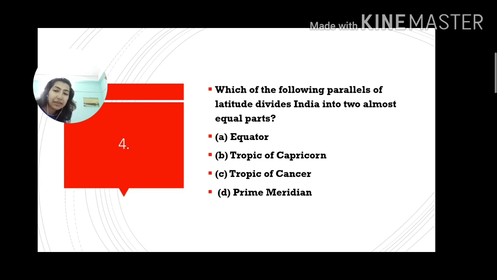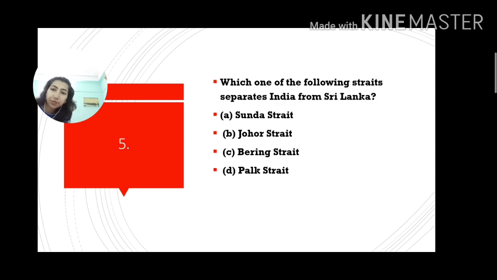The answer is, yes, it's the Tropic of Cancer, which passes through India. It's almost in the middle of India, and it divides India into two halves. Okay, then let's move to the next question, number 5.